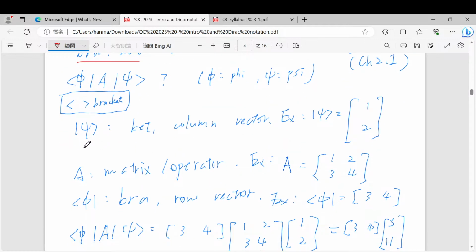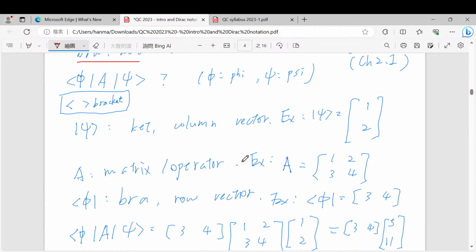So the most basic things in quantum mechanics are those ket vectors. You write them in this ket notation, with a straight line and a triangle bracket. This is called the psi ket. When we write a ket, it just means it's a column vector. For example, you can have your psi ket as 1, 2. So it's a two-dimensional vector with two elements, 1 and 2.